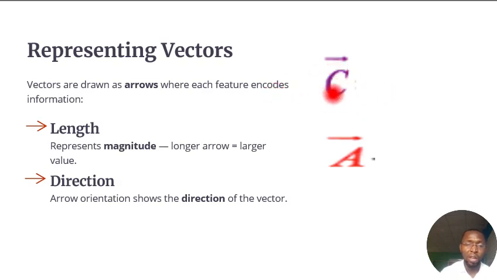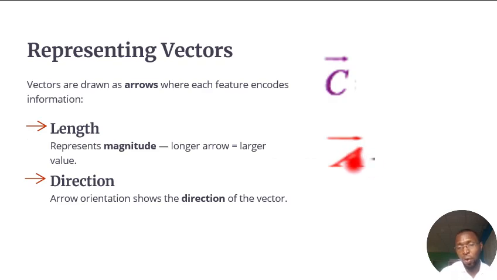For example, this vector C now has an arrow on it. It means that the line there is the size of the vector, while the arrow on it is the direction of the vector. So basically, the symbol to represent a vector is an arrow. Whenever you see an arrow having a letter underneath, you know that it is a vector representation.